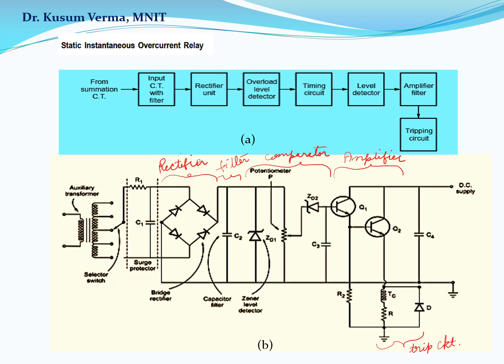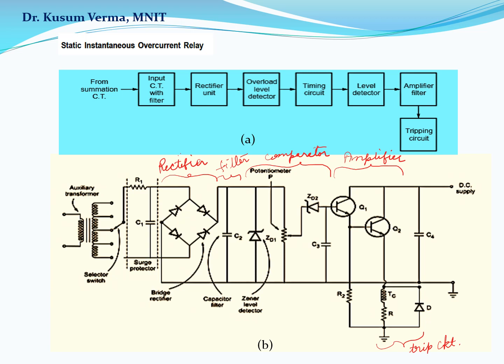Part of this voltage, as decided by the potentiometer P, is compared with the breakdown voltage of another Zener diode ZD2. When the rectified voltage is greater than the voltage of ZD2, the transistor Q1 conducts. This increases the drop across R2, due to which Q2 conducts.